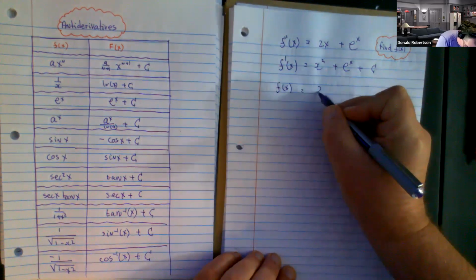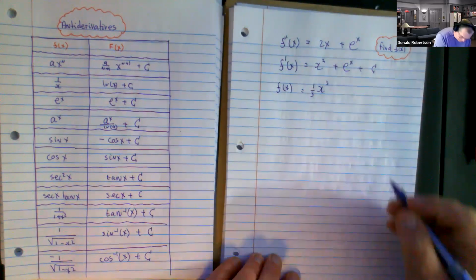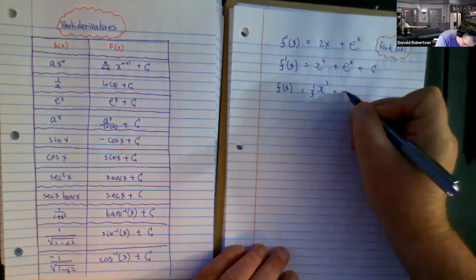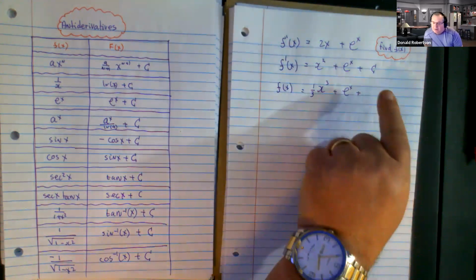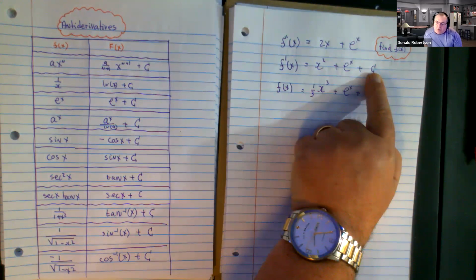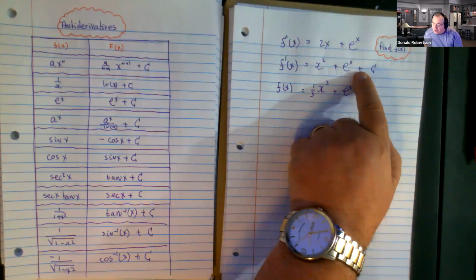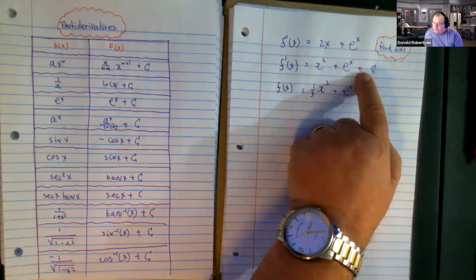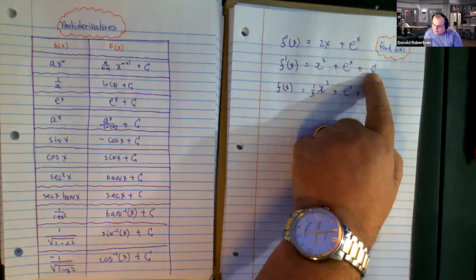Power rule. Add 1 to the power, divide by the new power. Power rule. Oh, now we've got to think about it. That is there, right? We don't ignore it. It does say plus c. That represents an unknown number, right? Plus 8, plus 48, right? We don't know what the number is, but it's there, right? It's a plus c.